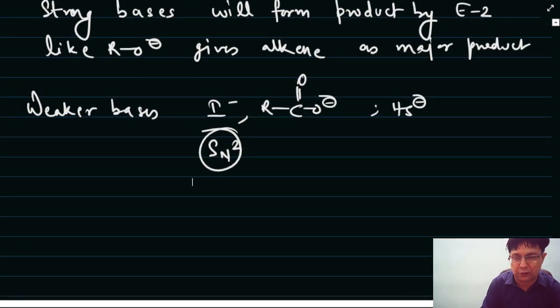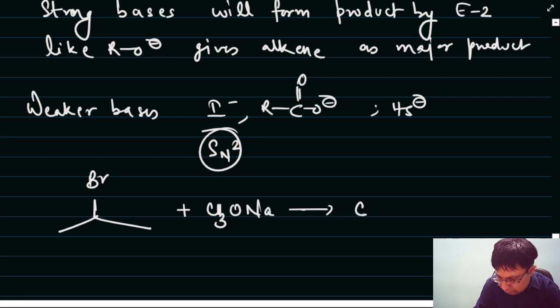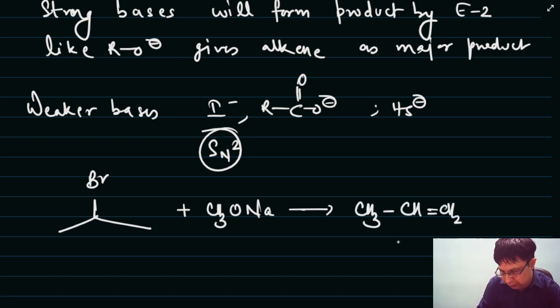That is the result for the 2 degree halide. If I take a 2 degree halide as CH3CHBrCH3, 2-bromopropane, and I am reacting it with CH3ONa, what is the product that is formed as a major product? I am writing only the major product over there.